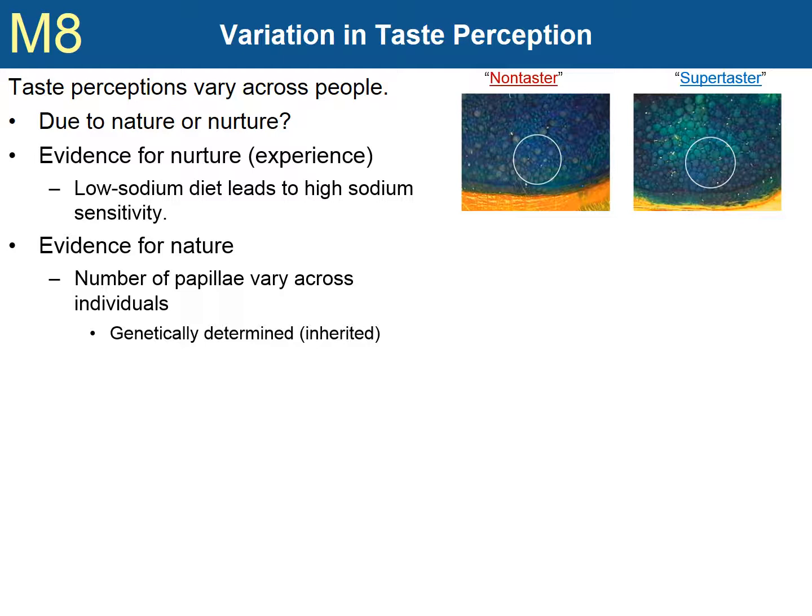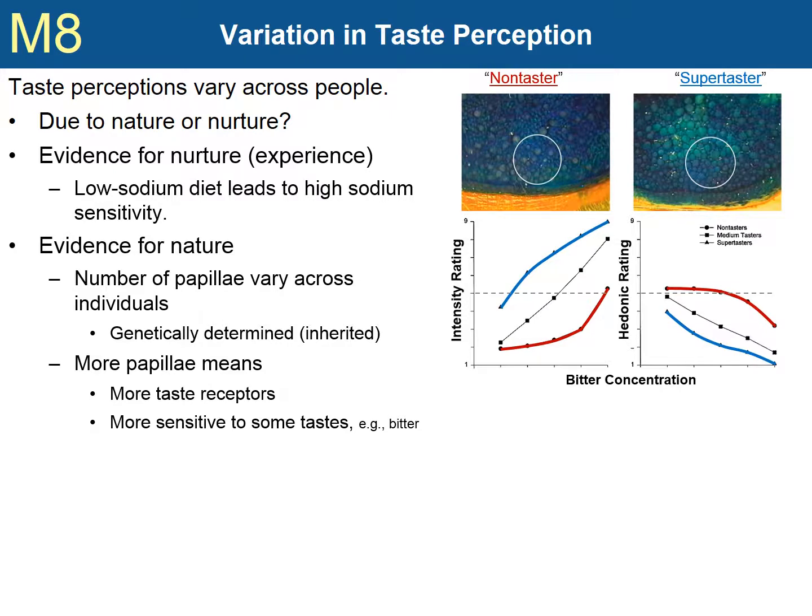The name non-taster doesn't mean that they can't taste, only that they are less sensitive to some tastes. More papillae generally means that one has more taste buds, which means that one has more taste receptors. The more taste receptors one has, the more sensitivity they have for some tastes.